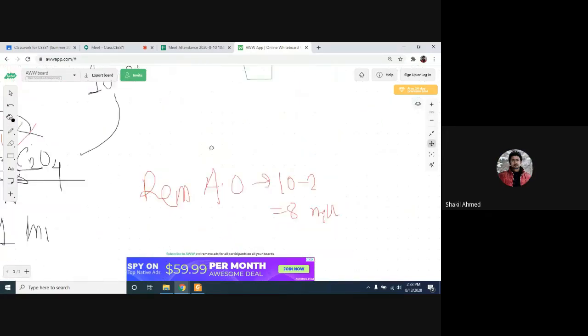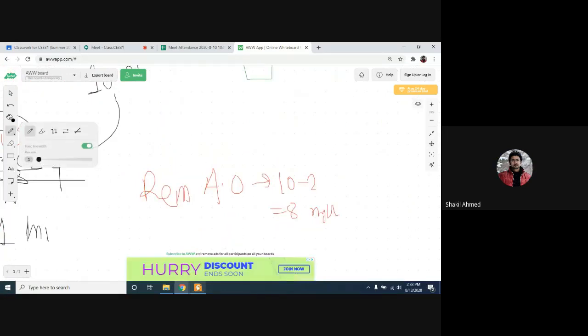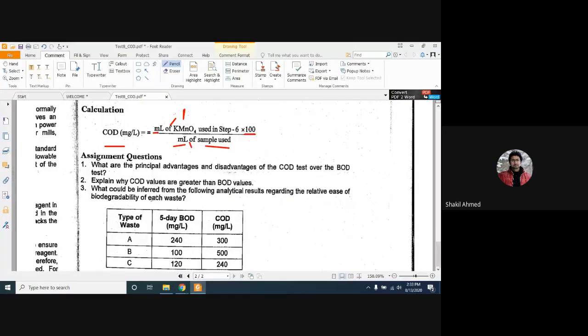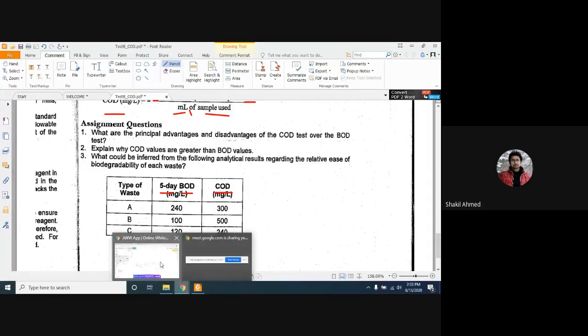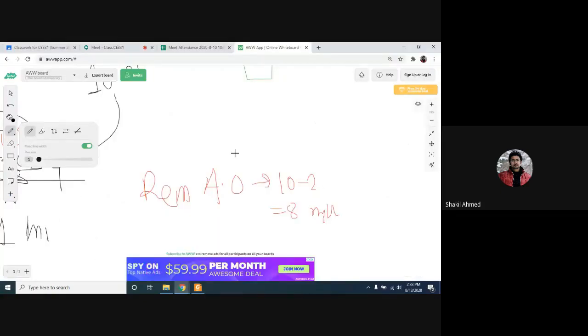So that's it. That's all about the test, I believe. This concept of COD and BOD is very important. I'm telling you again. So make sure you understand these things very well for your exam and also for your professional life. In the near future, if you go for any professional exam as well as professional practices, you need this.